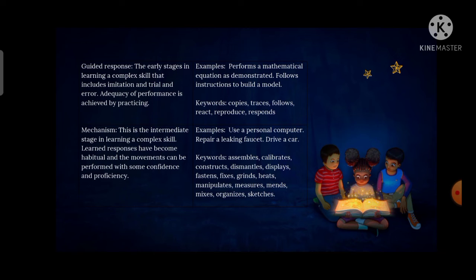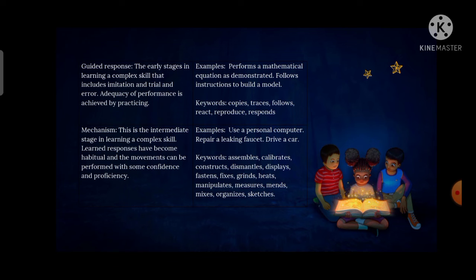The examples here are perform a mathematical equation as demonstrated, and also follow instruction to build a model. So this is the guided response. So unable to respond, so it is guided.